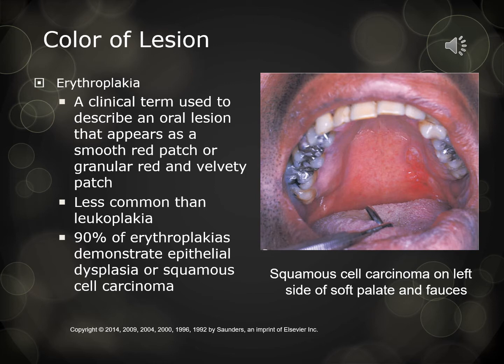However, that does not always mean cancer. However, this picture does show it is squamous cell carcinoma. Another term is leukoplakia. Leuko meaning white. In the next slide, we'll go over leukoplakia.